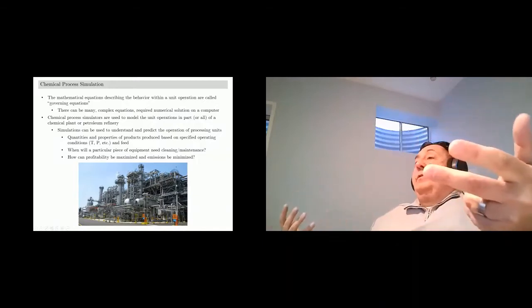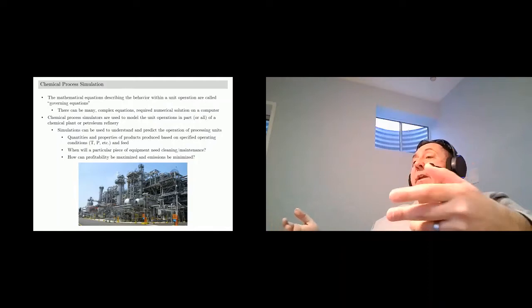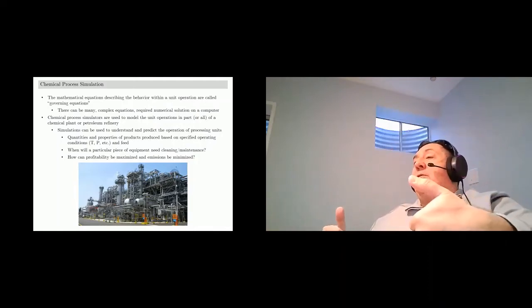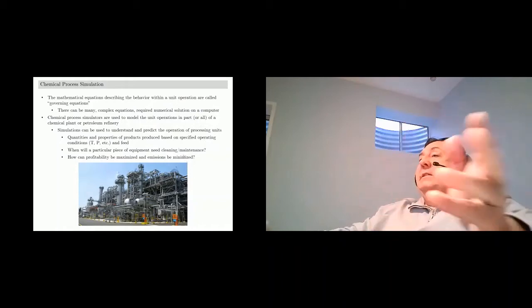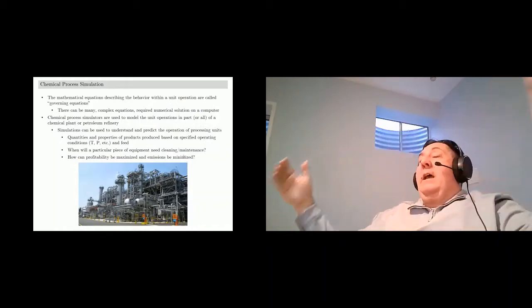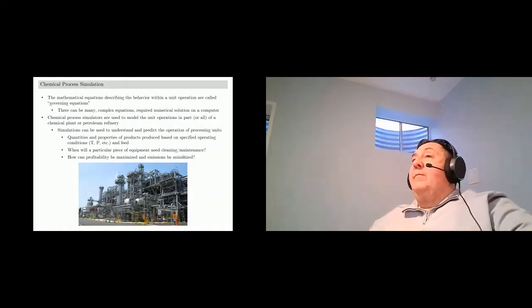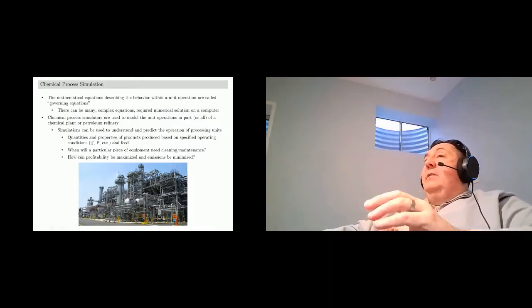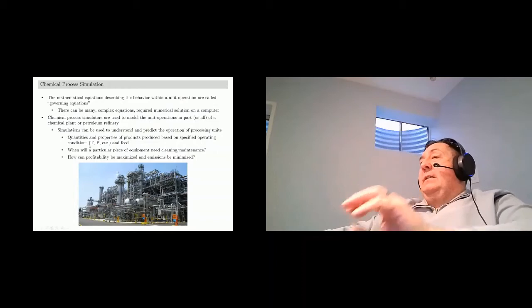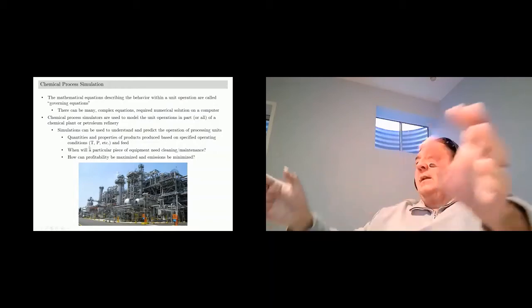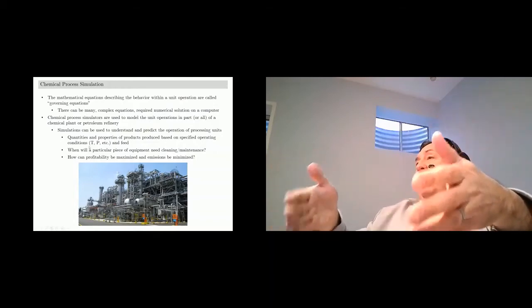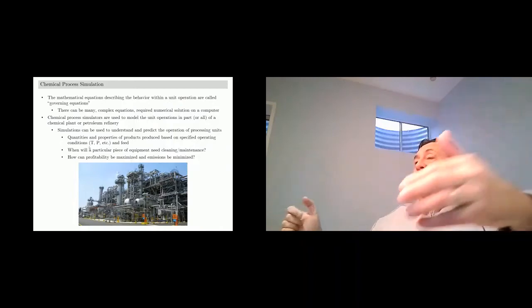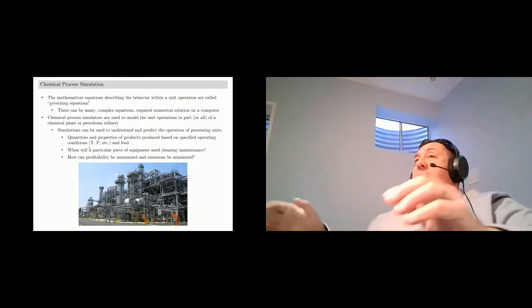In order to safely and profitably and efficiently run the refinery, it's necessary to understand how each of these pieces of equipment will behave and how the whole plant will behave as a whole. So a chemical process simulator allows us to make a detailed equipment-based model of a chemical processing unit or of an entire refinery or chemical plant in order to understand it.